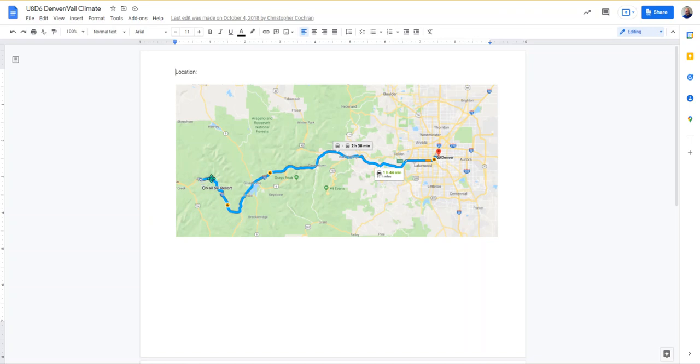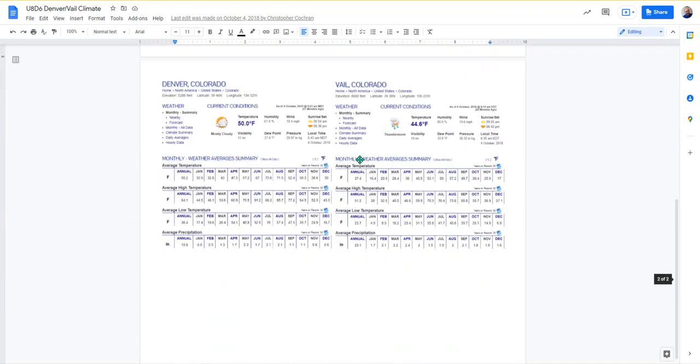Let's see how much higher on the table below. And let's also notice that Denver and Vail have almost exactly the same latitude. And that tells you something. That tells you that latitude will not be a factor because they both have the same latitude. So let's look at the data table for them.